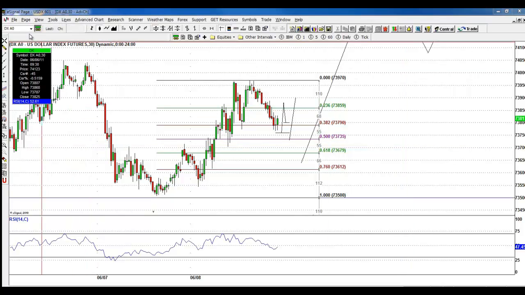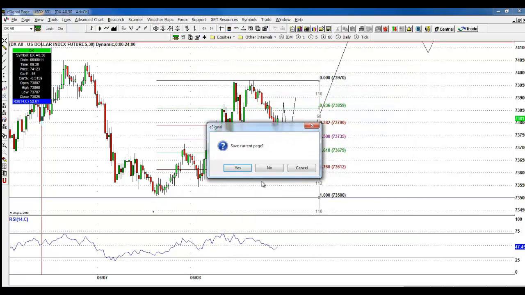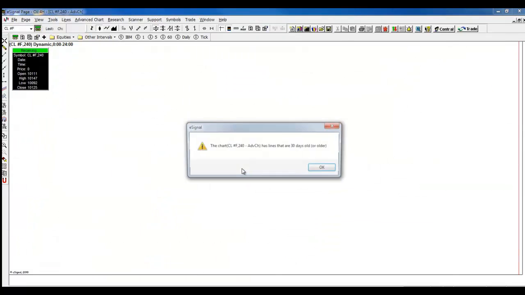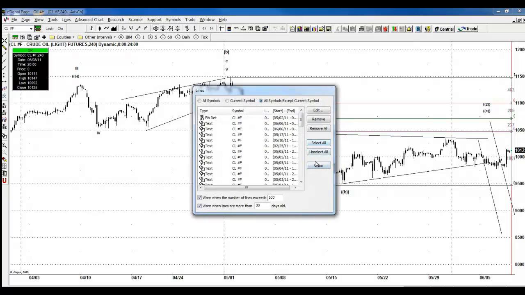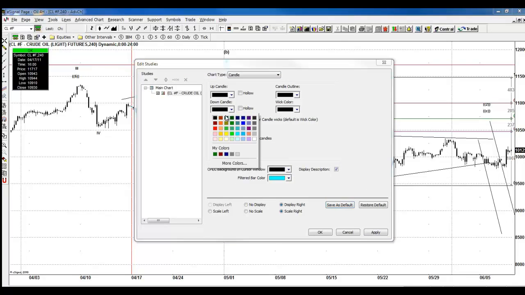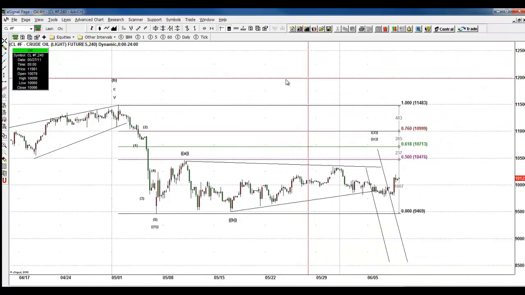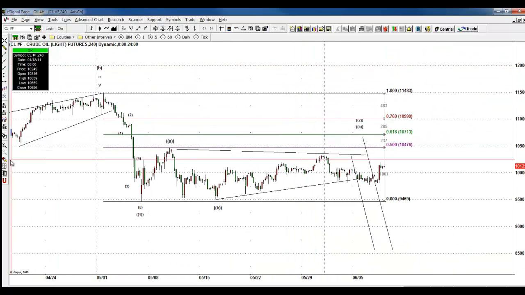Let's take a look at the oil. Again, nothing has changed since the seminar. Only a recovery in a weakness that we were expecting, that weakness in the dollar after the move that we saw today. Okay, this is oil.